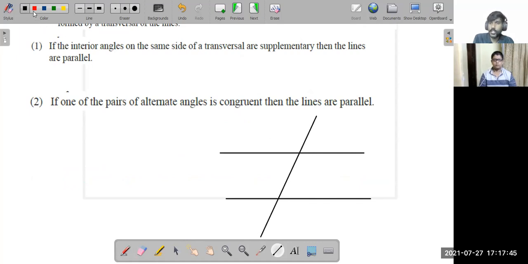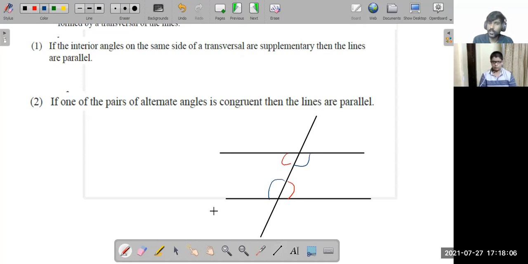That means either this one and this one, if they are congruent to each other, you can directly say the two lines are parallel. Or if this one and this one are congruent to each other, you can say that they are parallel.